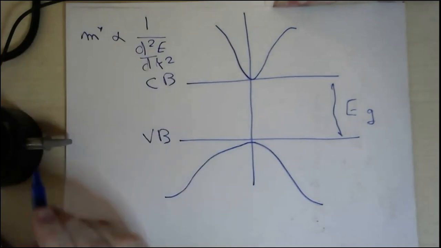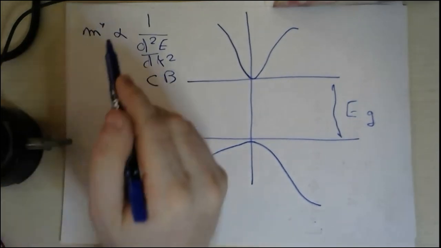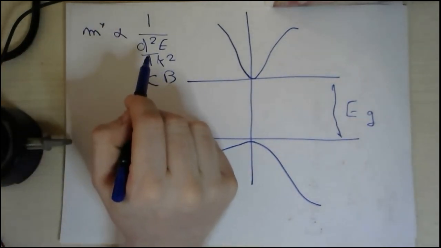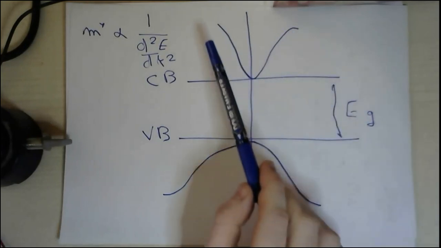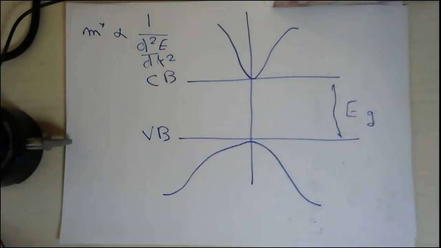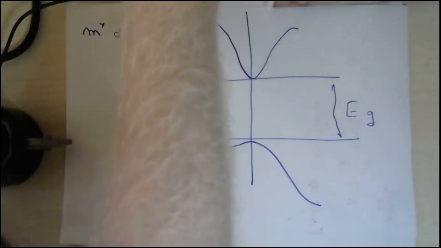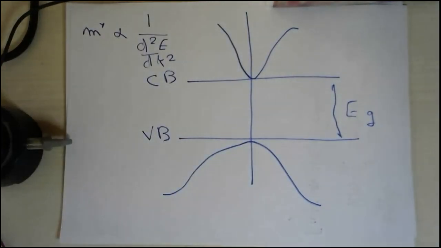As we did in the previous example, first we determine the first derivative, then the second, then we say that 1 over the second derivative is the effective mass. And as we also did in our first exercise, we can simply assume that this is a second order curve, which means that the first derivative of this second order curve is simply a straight line.